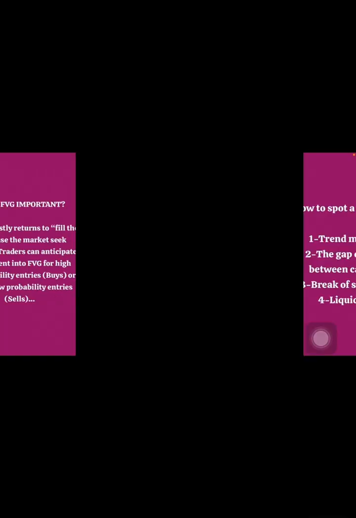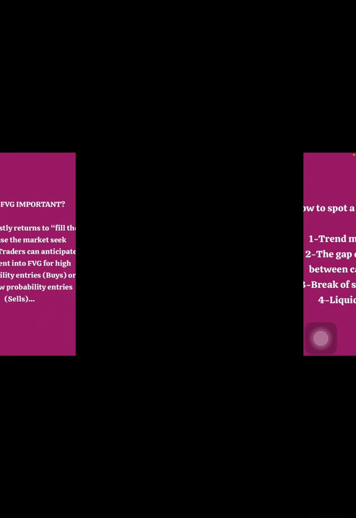This is an example of a sell side FVG. As you can see here, my break of structure is active, and we are told that FVG consists of 3 candles, and as you can see, this is the first candle, second candle, third candle.